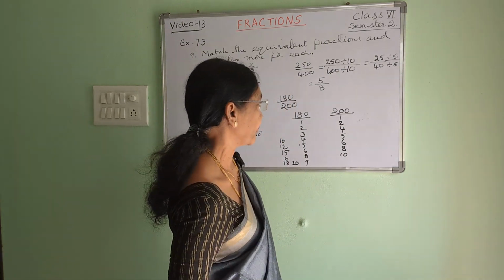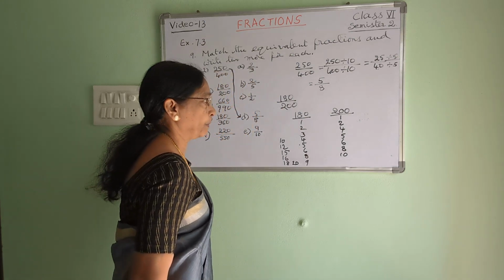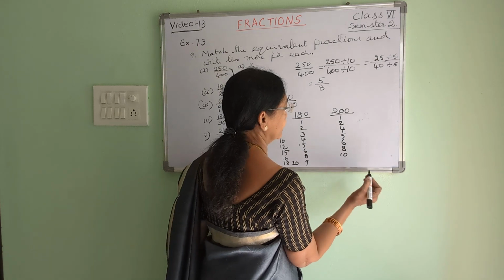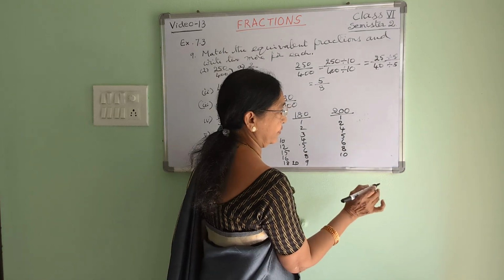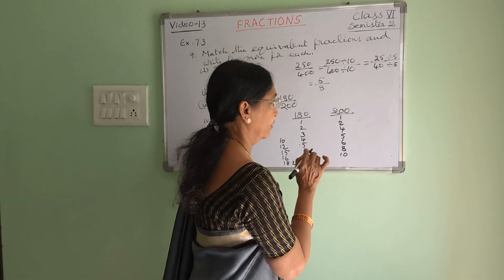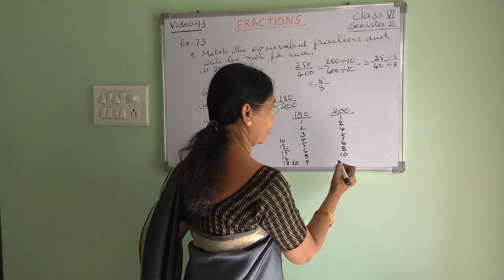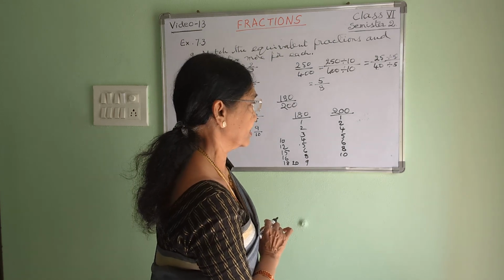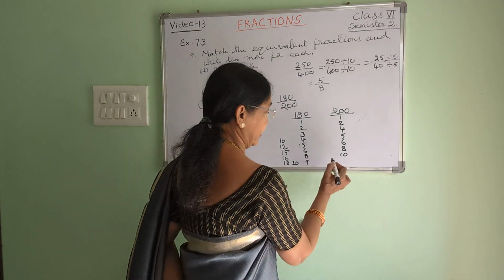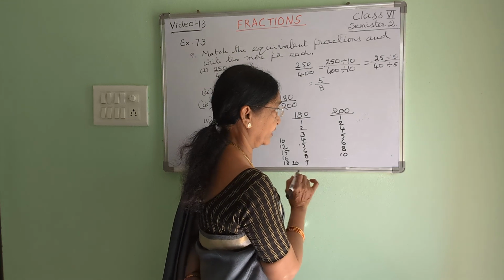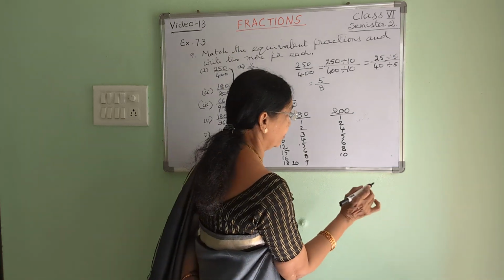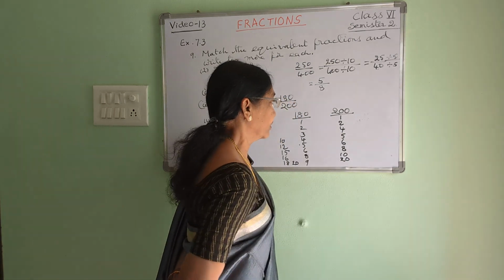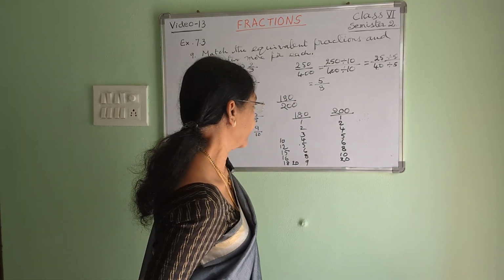And 12 is not a factor. 13 is not a factor. 14 not a factor. 15 is not a factor. 16 is not a factor. 17 not a factor. 18 is not a factor. 19 is not a factor. 20 is a factor.